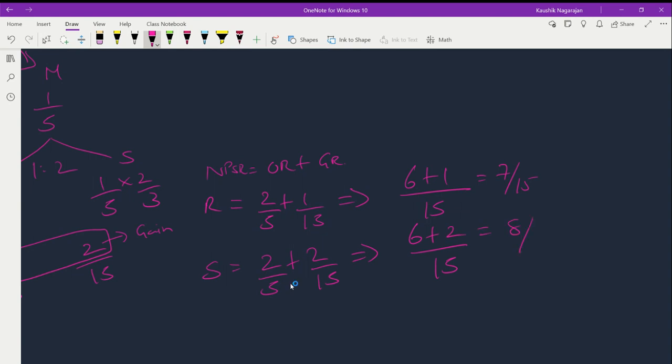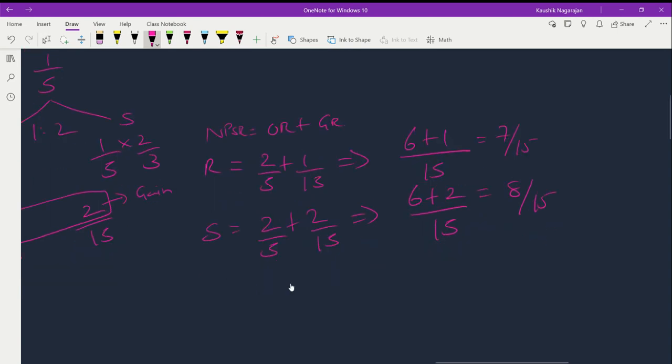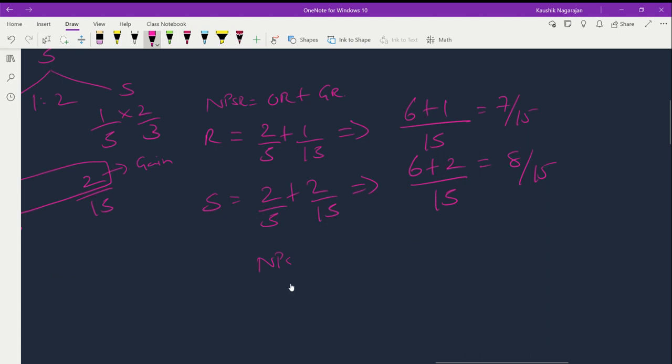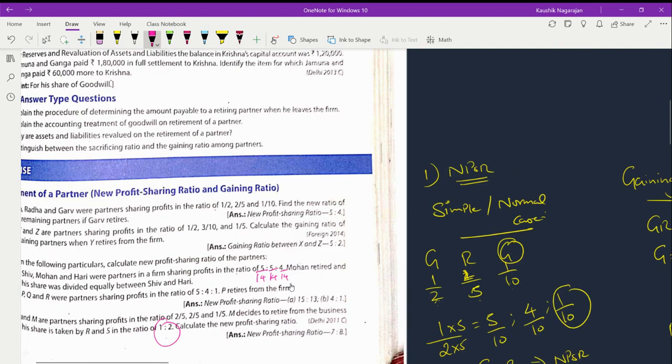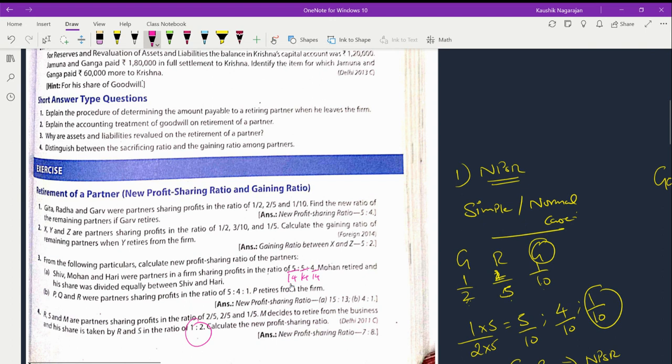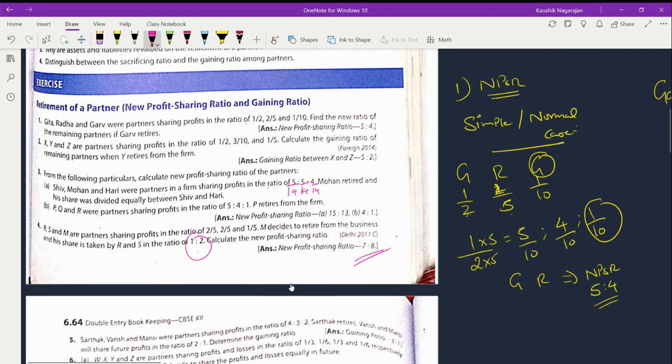So this gives me 8 by 15. So the NPSR, that is nothing but the new profit sharing ratio between R and S, is 7 is to 8. This can be further simplified. Just check your answer. What is the answer? Yes, we have been given 7 is to 8 as the answer for this question.